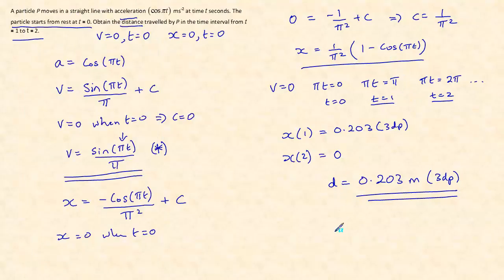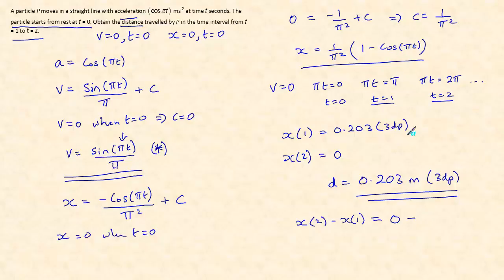Now if we wanted that exact instead, we could have done x of 2 take away x of 1. And x of 2, remember if we put that in here, we got cos of 2 pi here, so cos of 2 pi we know is 1, 1 take away 1, so that would be 0 as we found here.